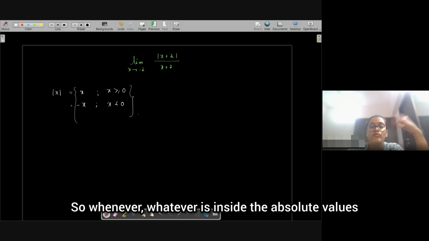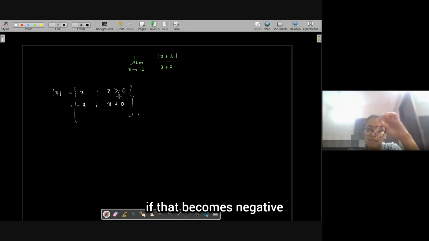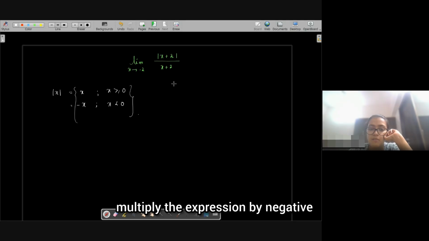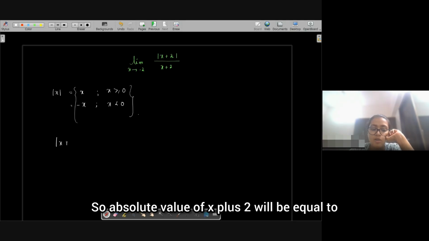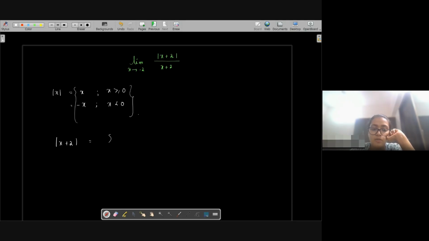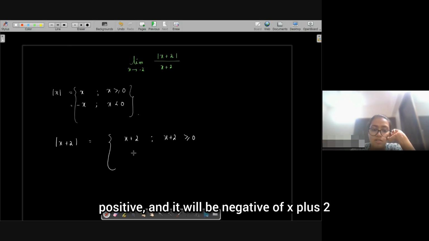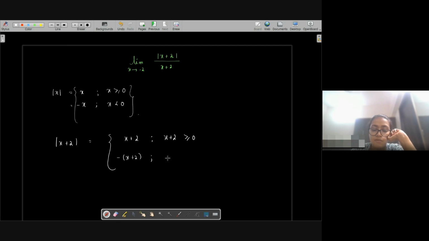So whatever is inside the absolute value, if that becomes negative, you multiply the expression by negative. So the absolute value of x plus 2 will be equal to x plus 2 if x plus 2 is positive, and it will be negative of x plus 2 when x plus 2 is negative.